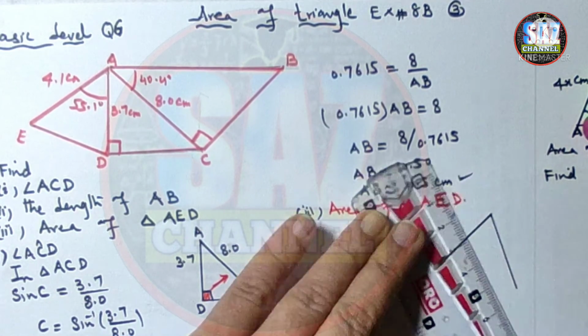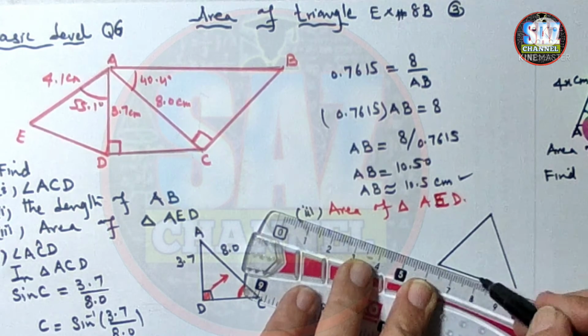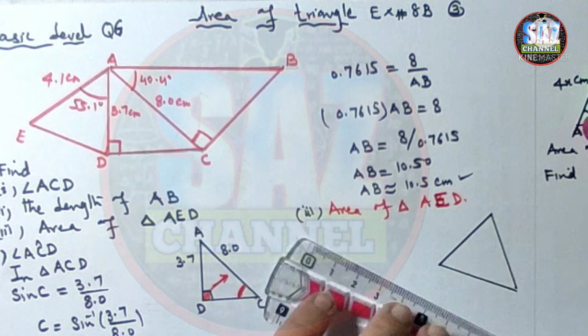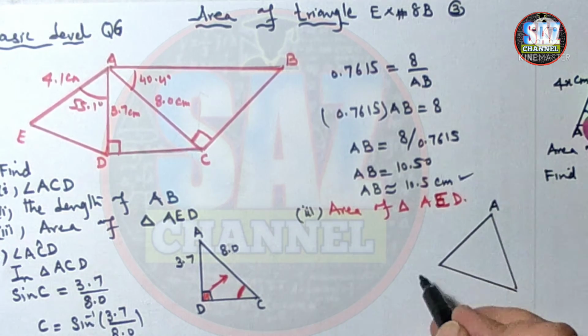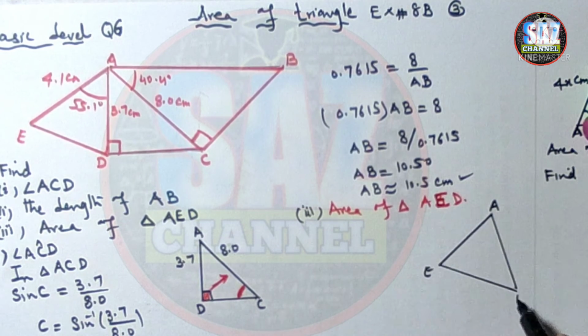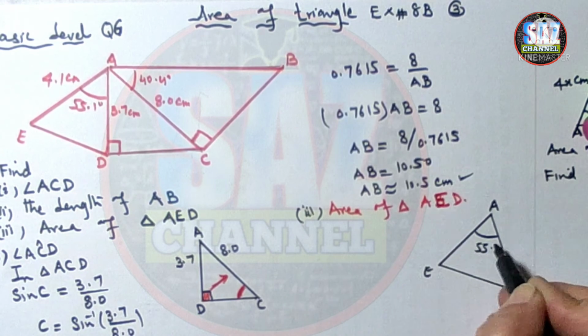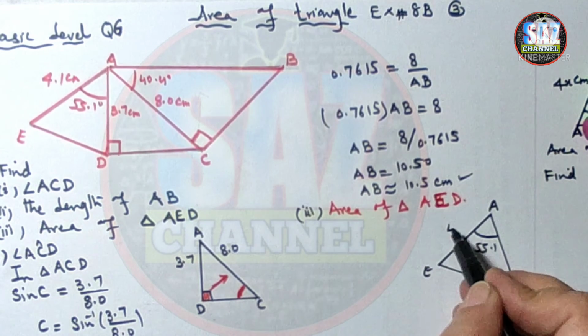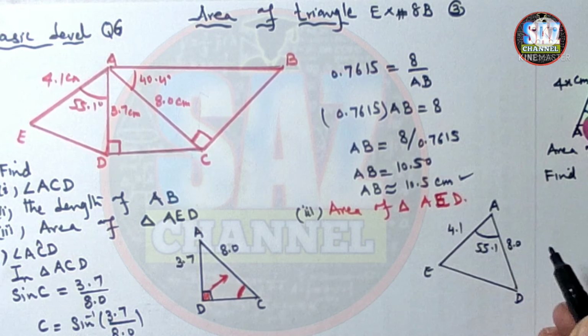If we look at the given diagram, we can see that AED is not a right angle triangle. It's an oblique triangle A, E and D, and this is 55.1, this is 4.1 centimeter, and this is 8.0 centimeter.